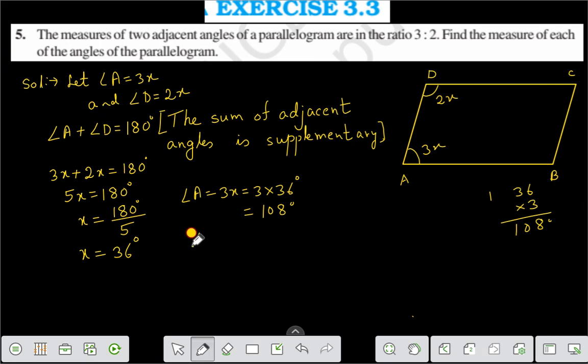And here angle A is equal to angle C is equal to 108 degrees. The reason is that opposite angles of a parallelogram are equal.